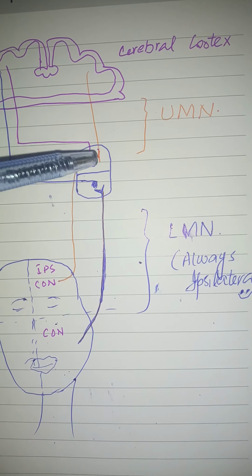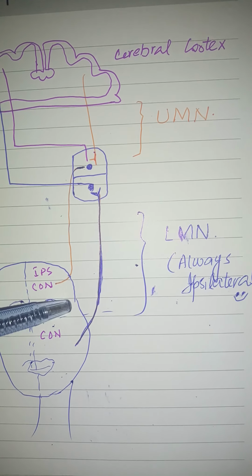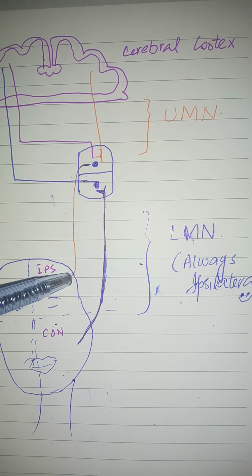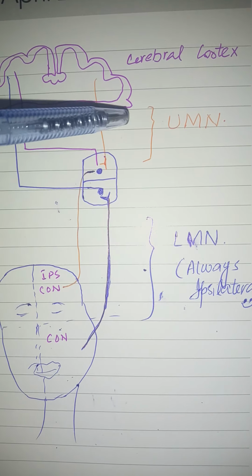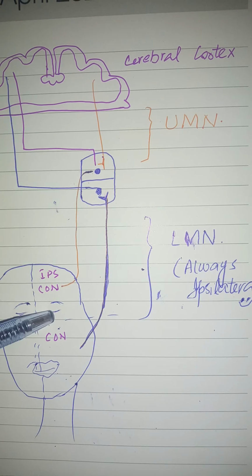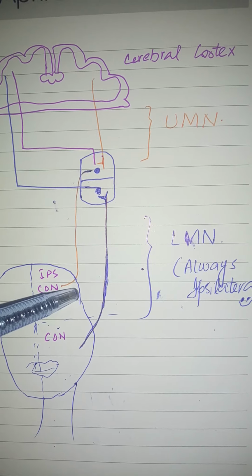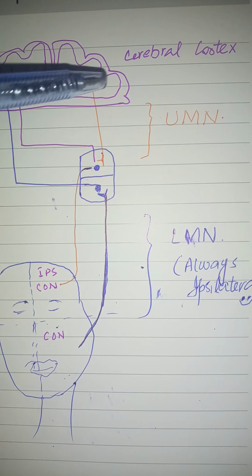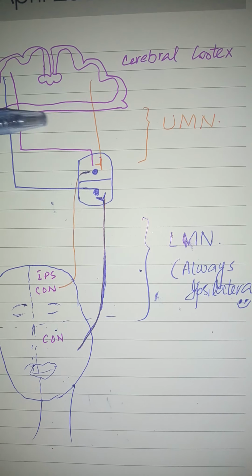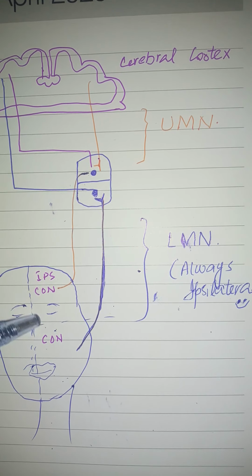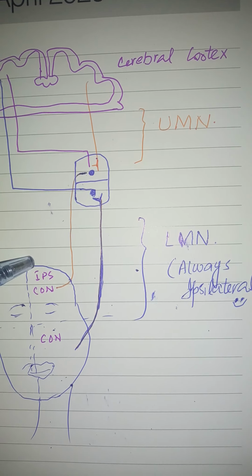That means if anything happens to the right upper motor neuron, nothing will happen on the upper side of the face. If anything happens to the left upper motor neuron and the right one is intact, nothing will happen to the upper half of the face. But if both the neurons, that means the right one and the left one, get injured, then the upper half will be affected.